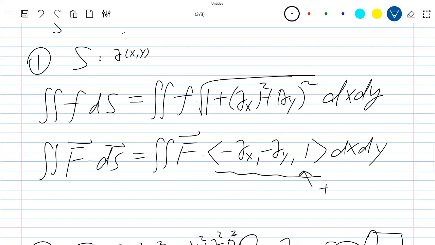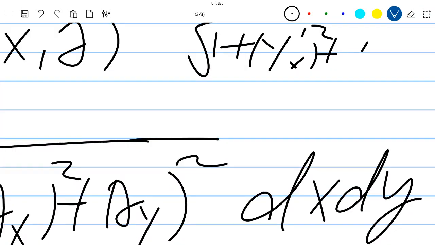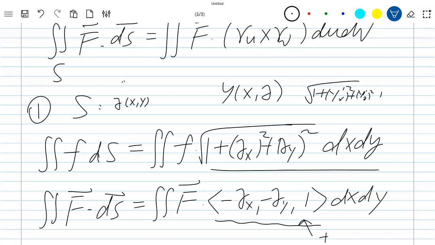And same thing here. If it's y as the function of x and z, instead of z as the function of x and y, then you will rewrite this as 1 plus y_x squared plus y_z squared. Then you have dx dz, right?